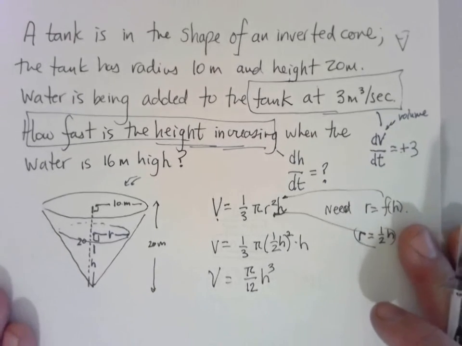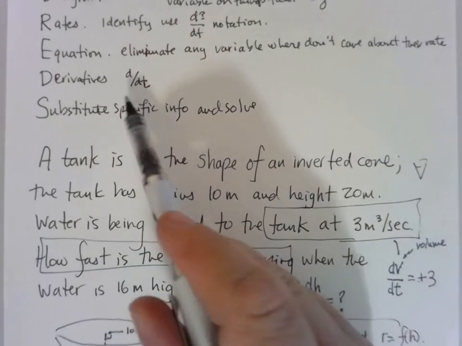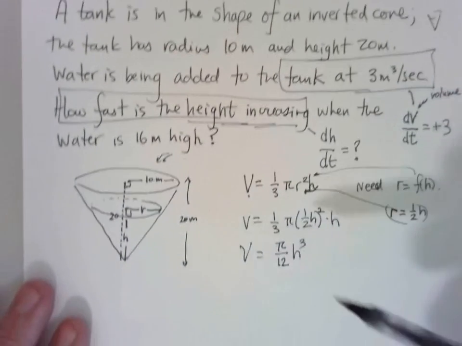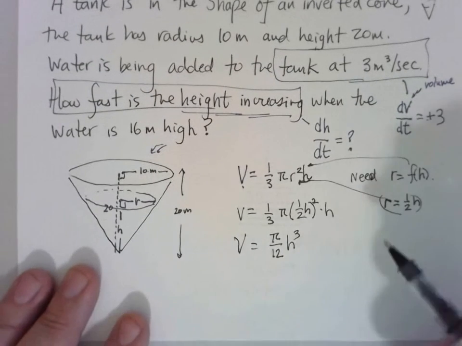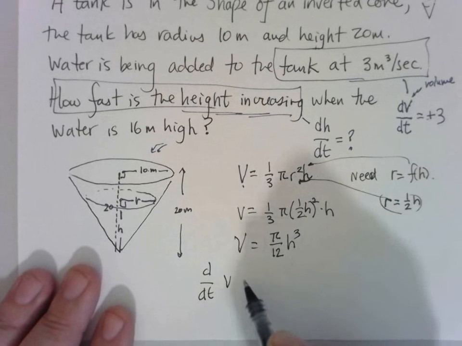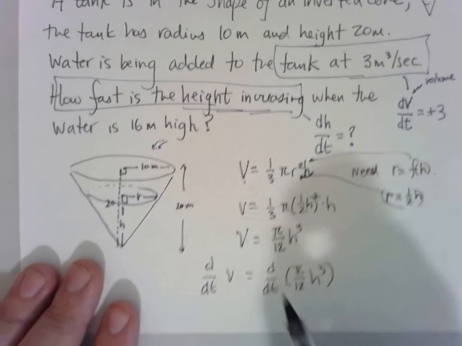Now, we're almost done. Next step, derivatives. So I'm going to take time derivatives, doing implicit differentiation, remembering that both V and H are functions of time. So that means I can say d/dt of V equals d/dt of pi over 12 h cubed.